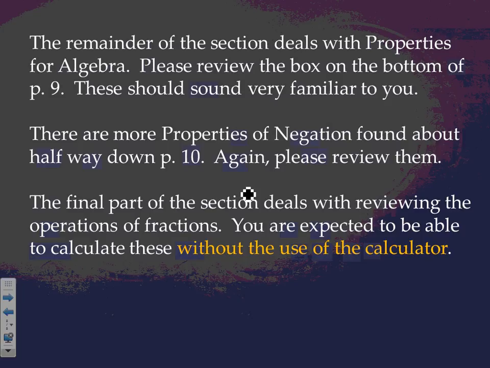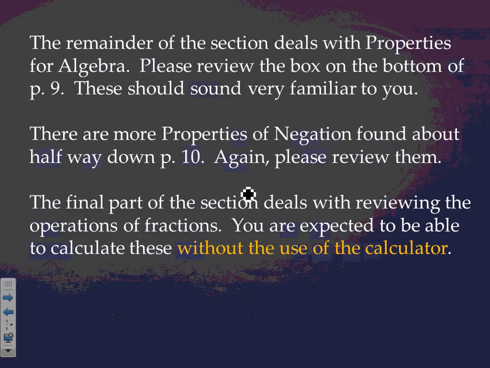Distributive property, remember that if you have a number outside of a parenthesis that you need to multiply, you're going to multiply that number by everything in the parenthesis. Additive identity property, if you add 0 to something, you still have the something left. Multiplicative identity, if you multiply something by 1, you have the something back. Additive inverse deals with opposites. If you add a number to its opposite, you're going to get 0 for a total.